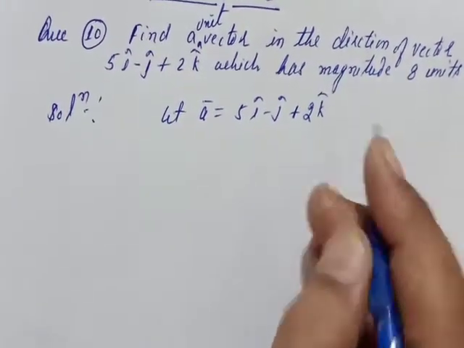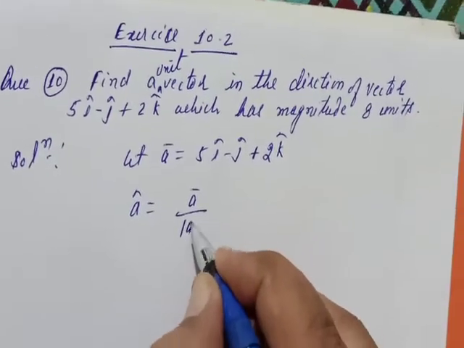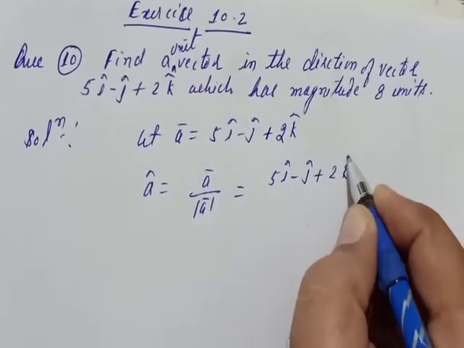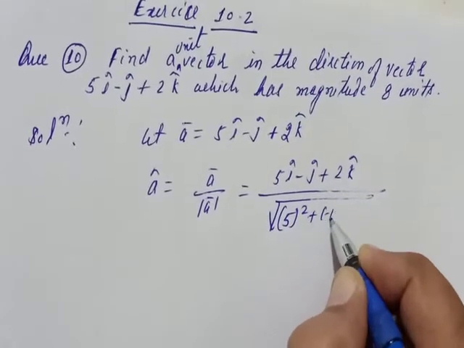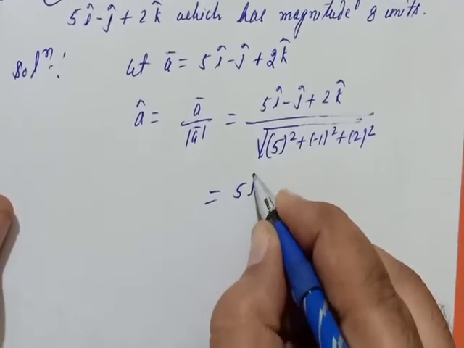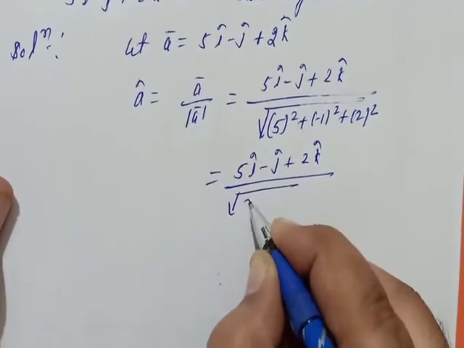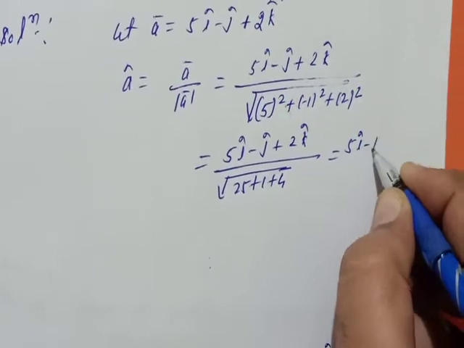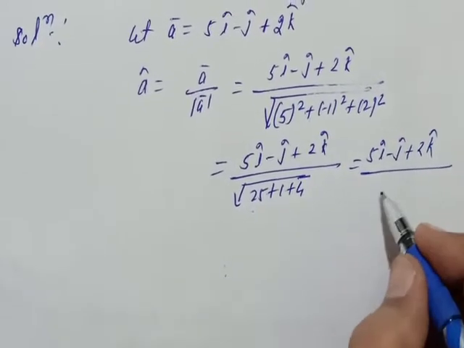First of all, we have to find the unit vector of A. So unit vector A is vector A upon magnitude A. So 5i minus j plus 2k upon root over 5 squared plus 1 squared plus 2 squared. So this is 5i minus j plus 2k upon root of 25 plus 1 plus 4, which is root 30.